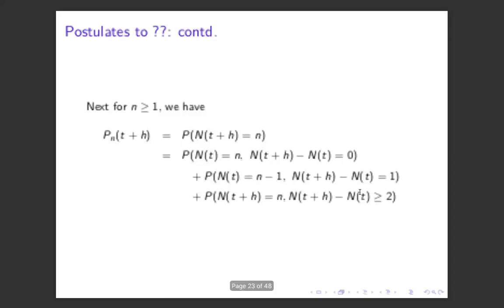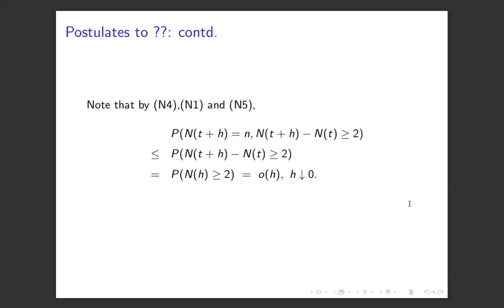In other words, the contribution of the third term for small values of h is going to be very, very negligible, because finally we will be letting h go to 0. So verify that.